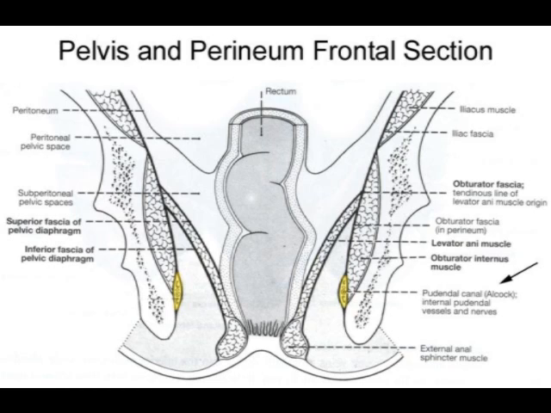You can see where the anus is in the rectum. You can see in relationship to that where your pudendal canal, Alcock's canal, is. So it's not like it's right there on the surface. It's further deeper inside your body there, to the right or to the left of the anus, depending on which side you're looking at.